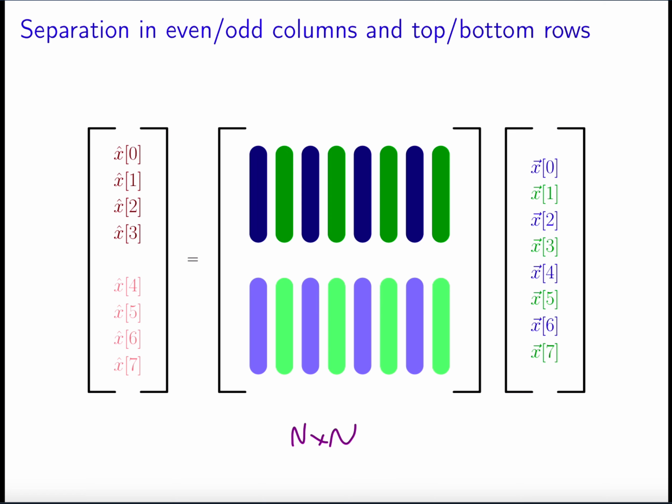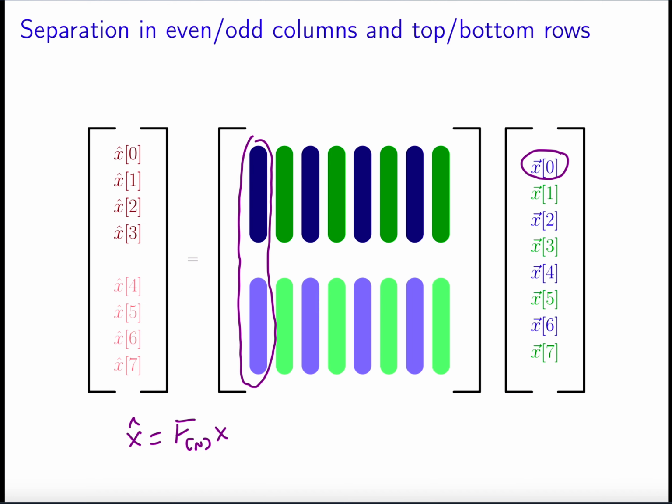Now the insight here is that if I'm looking at x hat, which is equal to the matrix times x, realize that the 0th entry is only applied to the 0 column. Entry 1 is applied to column 1. So we can decouple this, just by linear algebra, by the way.